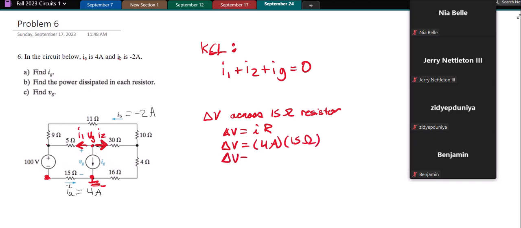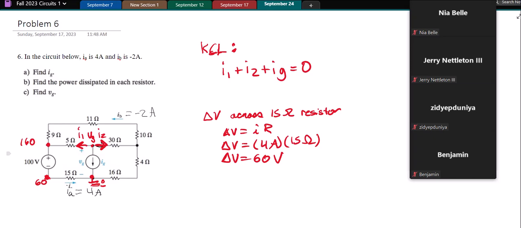So our change in voltage is 60 volts. This is going from left to right, and I is positive, so my left-hand side has to be 60 volts higher than my right-hand side. My right-hand side I made 0, so this has to be 60. So if that's 60, then this voltage right here has to be 160.